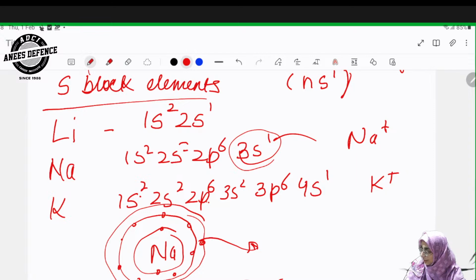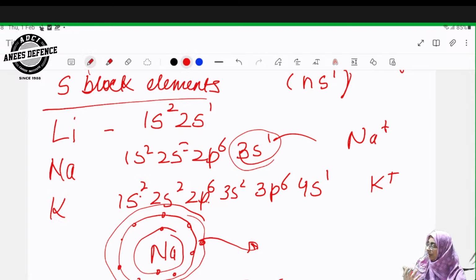That's why it is very reactive. But what happens with those elements whose last shell is already filled with 8 electrons? Will they react?